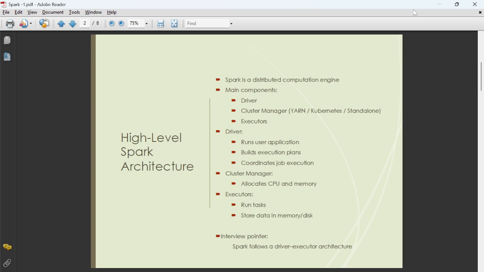A very important point to remember is your Spark code runs on the driver. Your data processing runs on the executors. This separation is critical for understanding Spark execution.